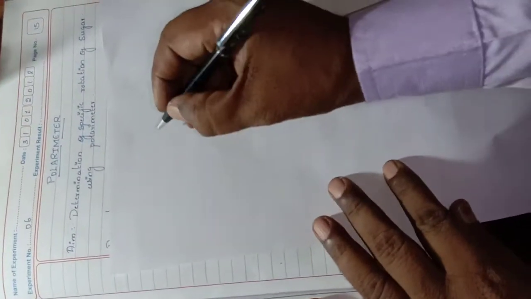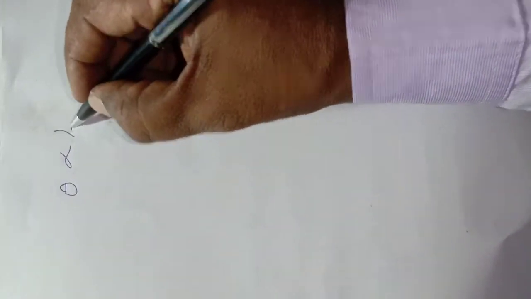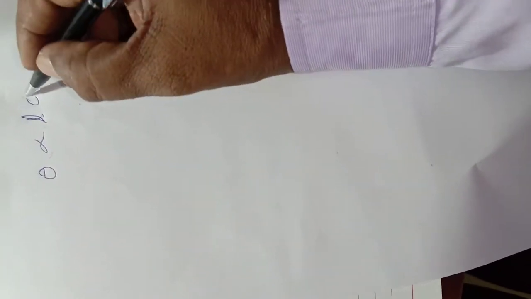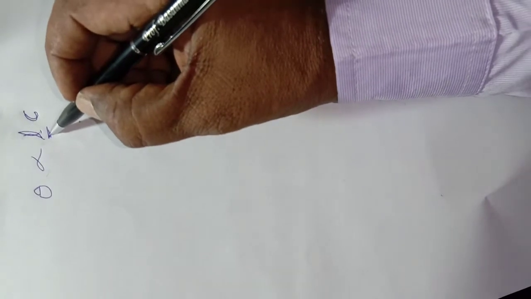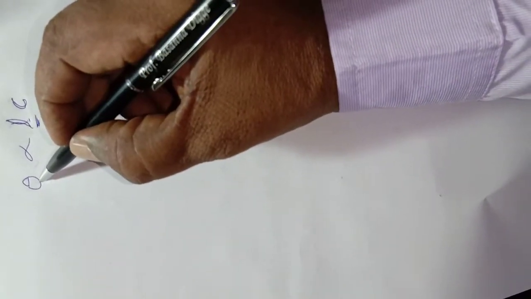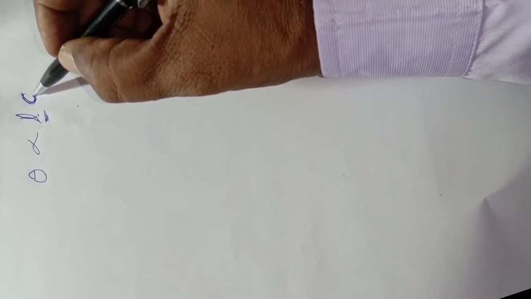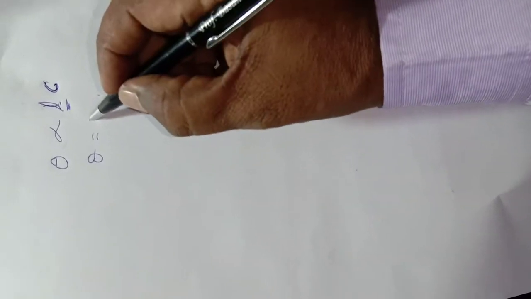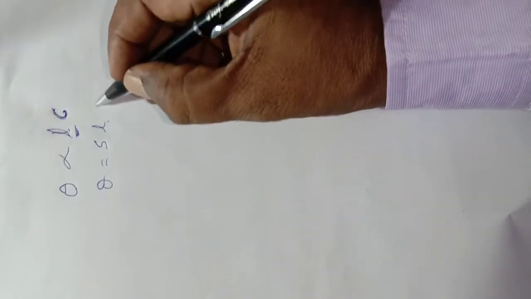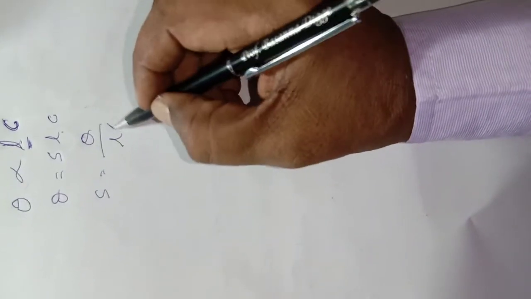So the angle of rotation theta is directly proportional to the length of the solution and the concentration of the solution. If the length is constant, the angle of rotation depends purely upon the concentration. Hence theta is equal to a constant times L and C, so S is equal to theta divided by LC.